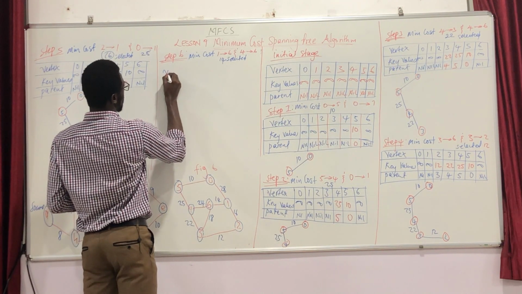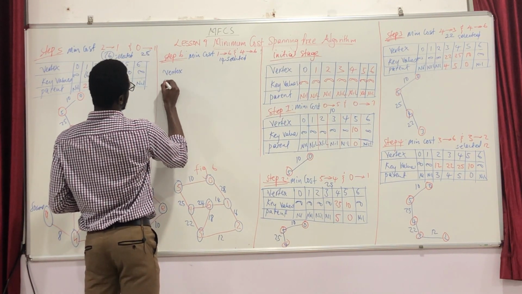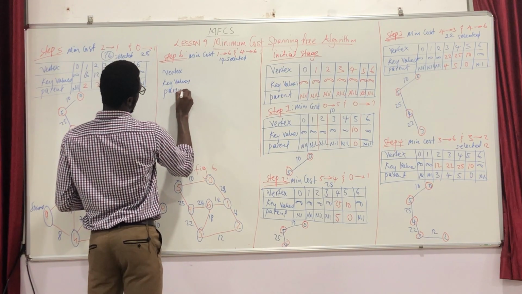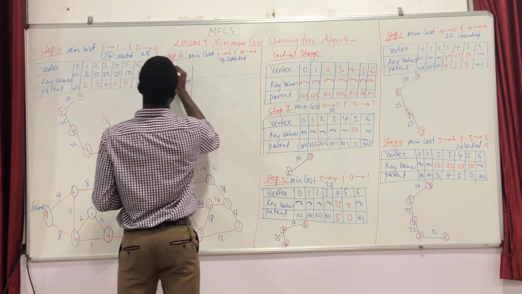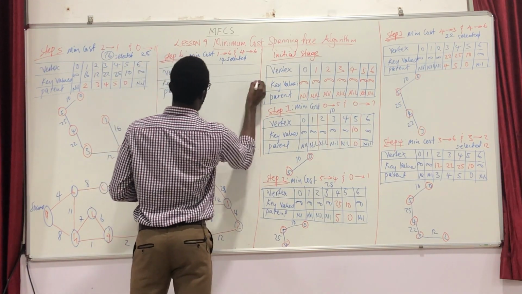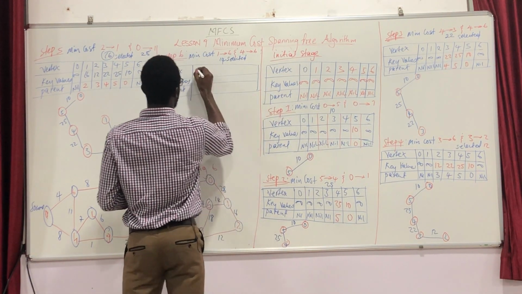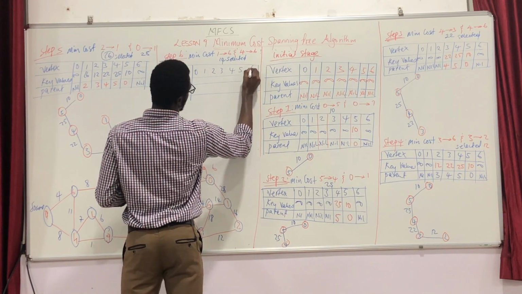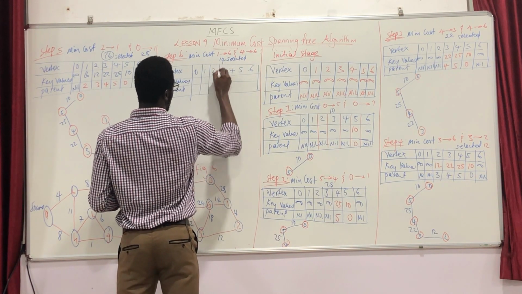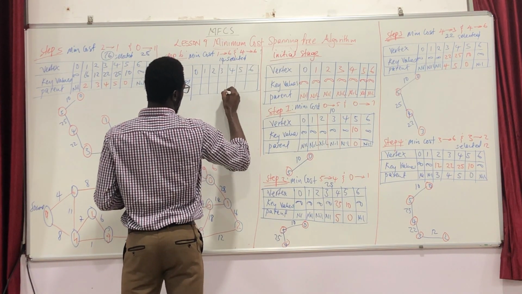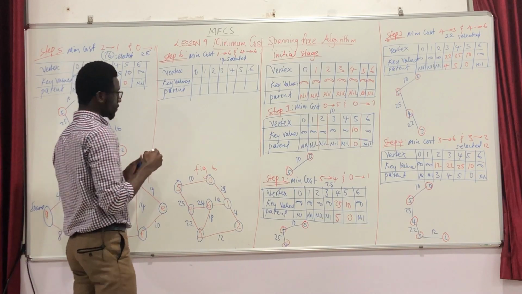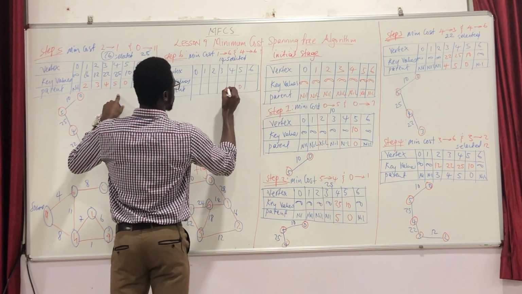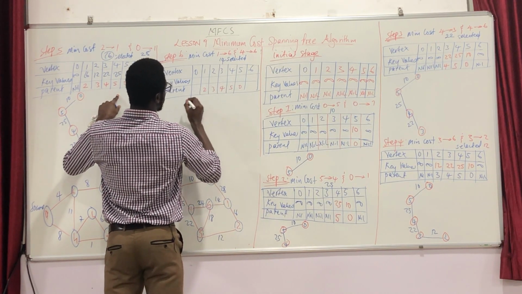Do our table here, vertex, key values, and parents. Okay, so here we have 0, 5, 4, 3, 2.